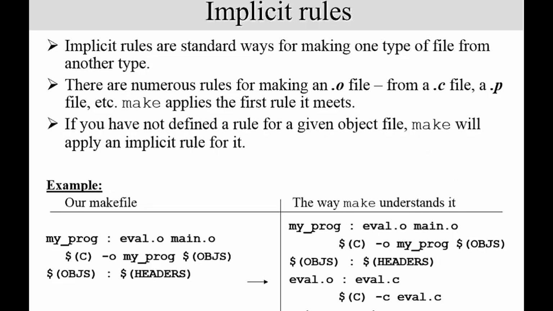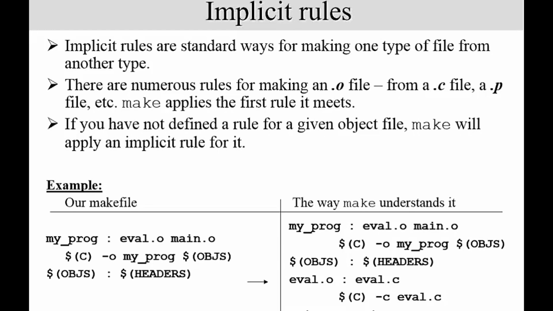For example, in our Makefile we specify eval.o main.o, and then we say $C, myprog, $objs, and then $objs depends on $headers. So here we omitted the eval.o and main.o targets.